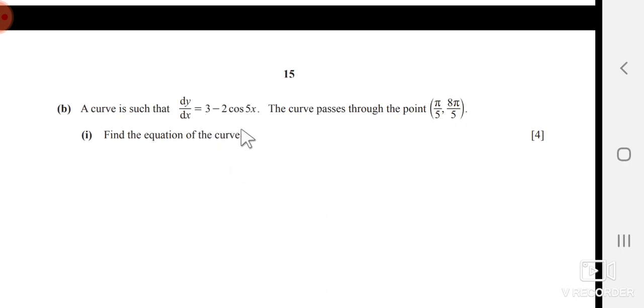When you integrate you get 3x minus 2 sine 5x over 5, plus c. Then you calculate c: just take this point for x and this one for y, and you will have the equation of the curve.